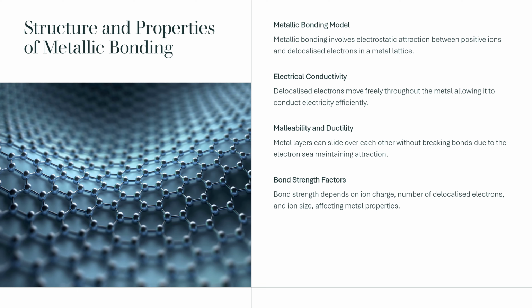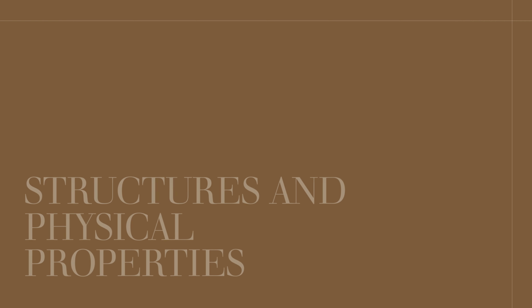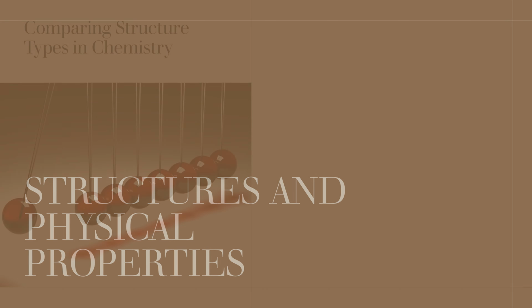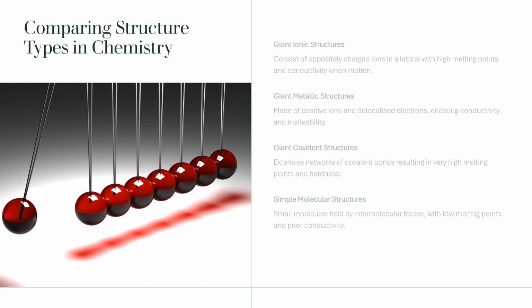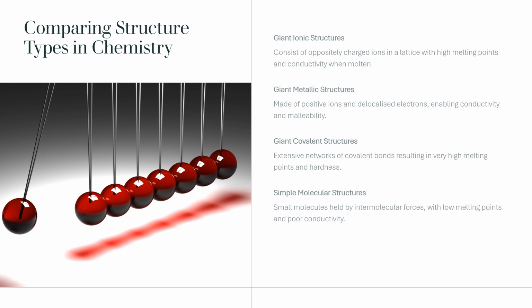Metallic bonding strength depends on factors such as the charge on the metal ion, the number of delocalized electrons, and the size of the ion. Comparing the different bonding structure types: giant ionic, giant metallic, giant covalent, and simple molecular. Giant ionic structures consist of oppositely charged ions in a lattice and have high melting points and conductivity when molten.